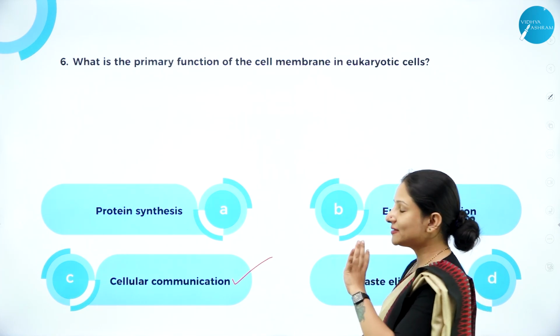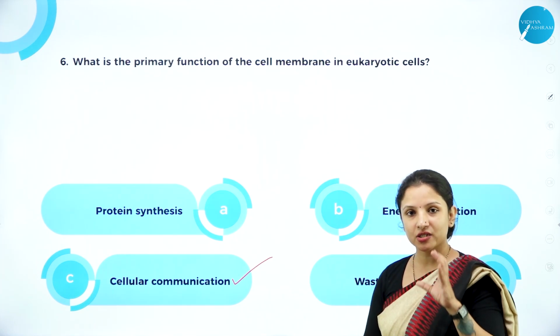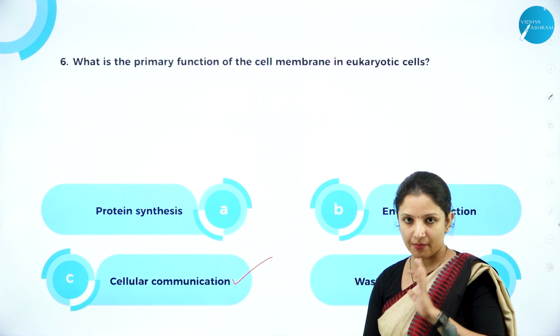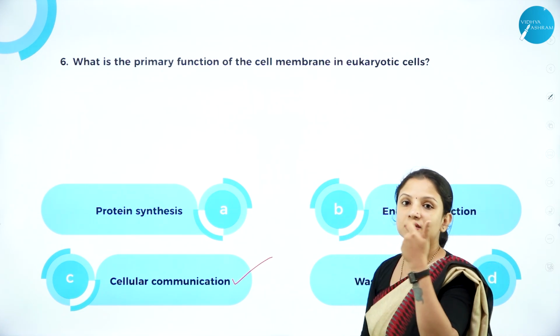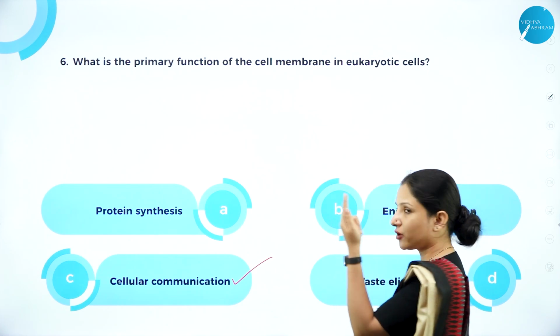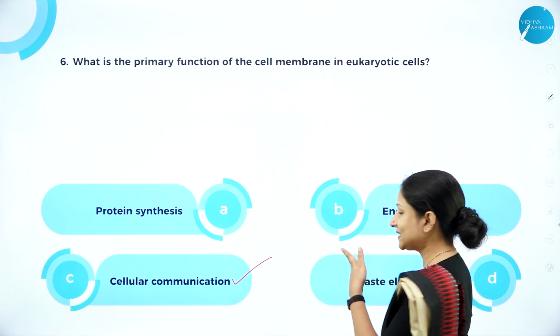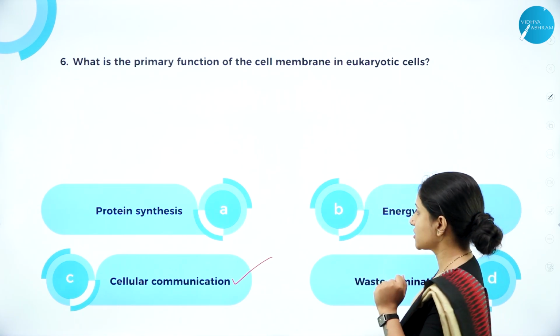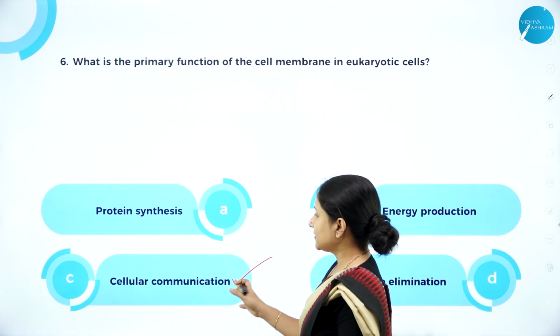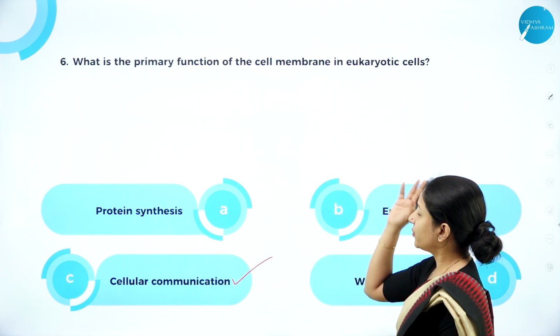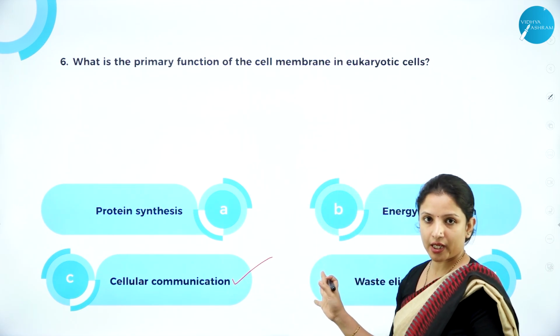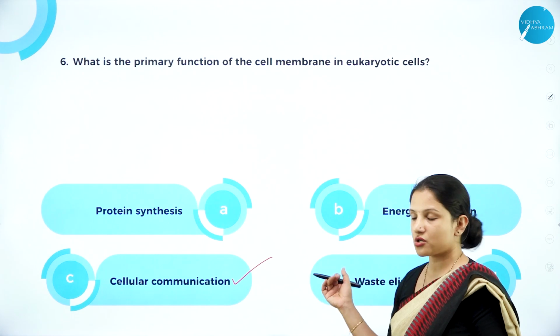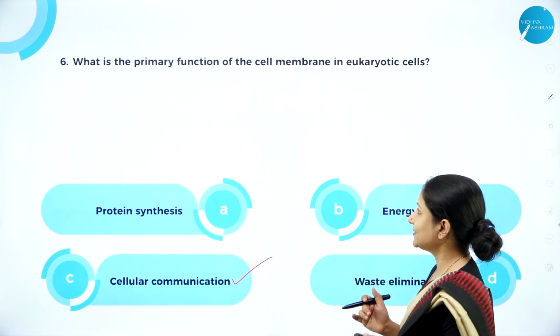So the cell to cell communication actually happens because of the plasma membrane. But protein synthesis is by ribosomes, energy production is by mitochondria, and waste elimination has nothing to do with it; lysosome helps in waste elimination. So the right answer here is cellular communication. The primary function of the cell membrane in eukaryotic cell is cell-to-cell communication, option C.